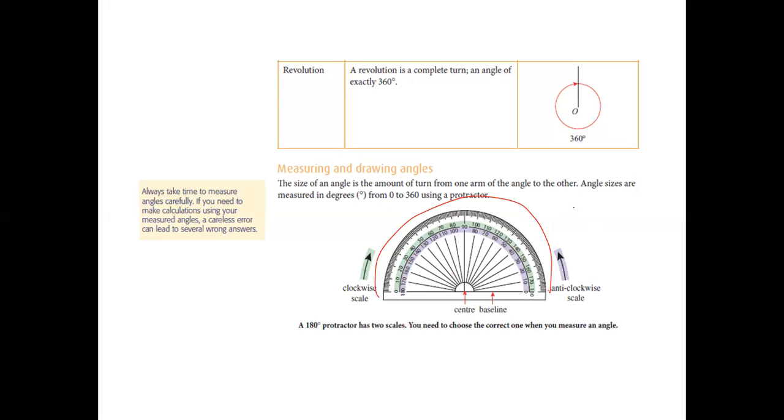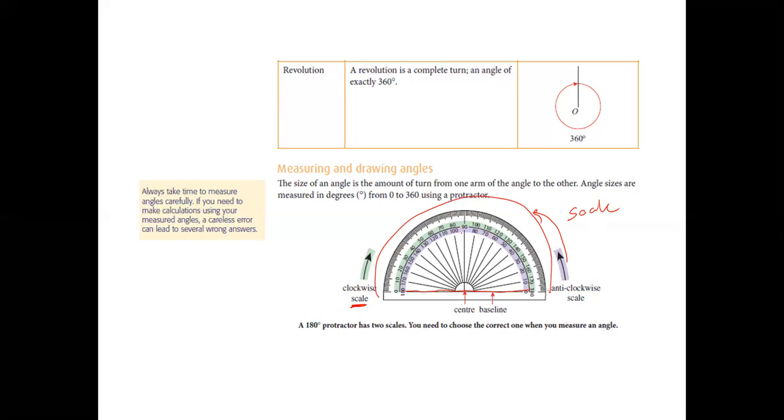What is the scale? Please check your dictionaries. The center baseline is like a straight line, and anti-clockwise is to the left side. So angle sizes are measured in degrees from 0 to 360 using a protractor.